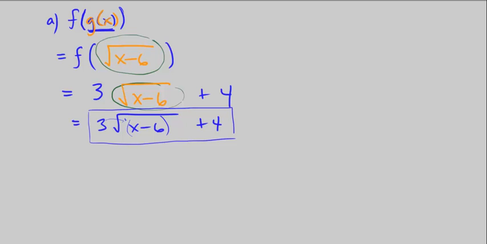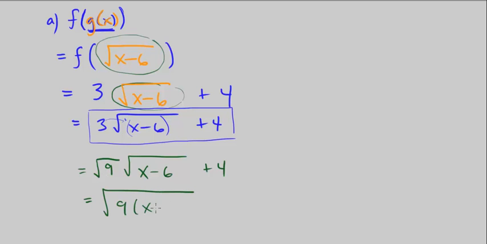If you wanted to put the 3 in the square root, you would have to first put the 3 under its own little square root. So what is going to be here? Well, square root of 9 is equal to 3. So then if you had this, right, then you can distribute and make this all under one big square root, and it's just 9 times x minus 6 then, which you can then distribute the 9 across, okay, like that.